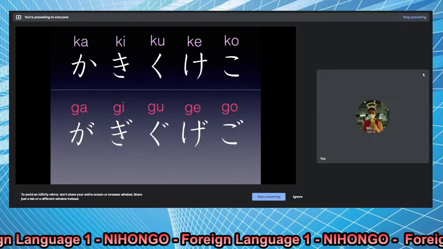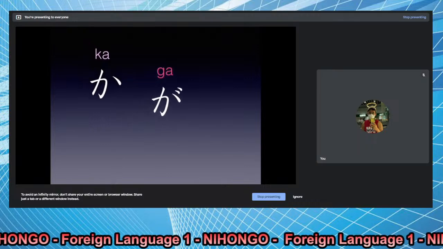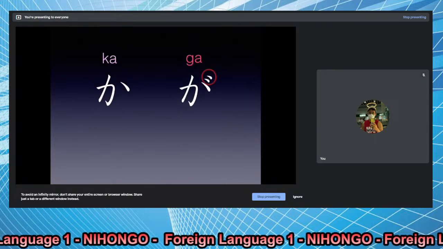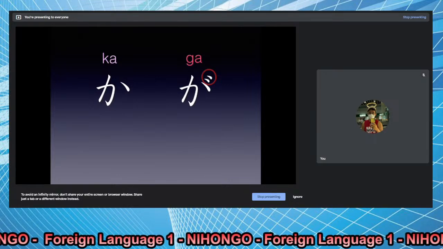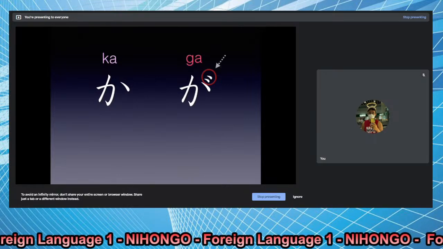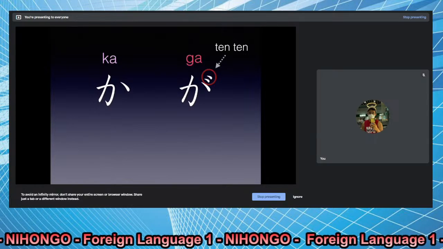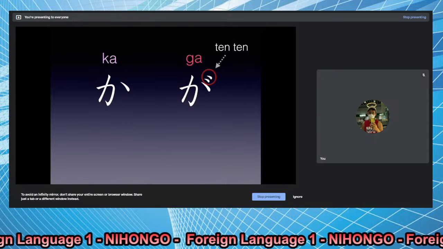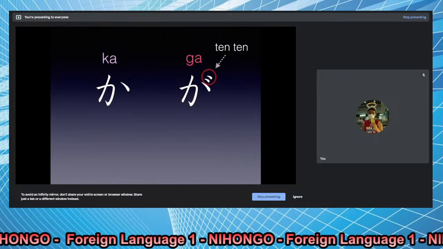See the difference? What did I do, for example, to make the letter ka to ga? Right, I added these two tiny strokes to the upper right corner of the letter ka. We call this dakuten or tenten in the more common term, and with this tenten, the letter gets voiced. In this case, K becomes G.